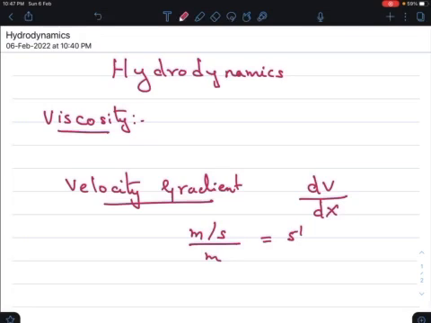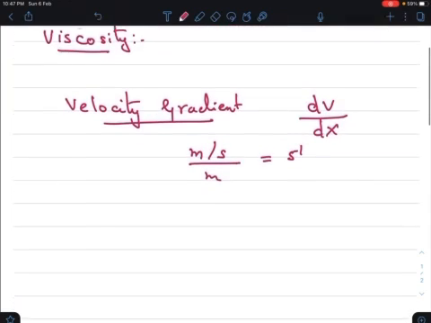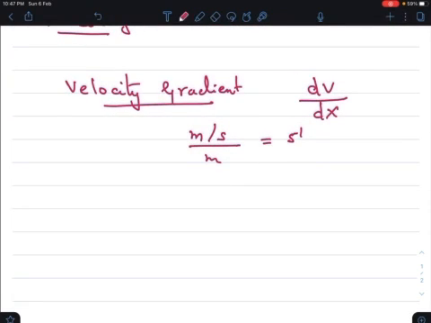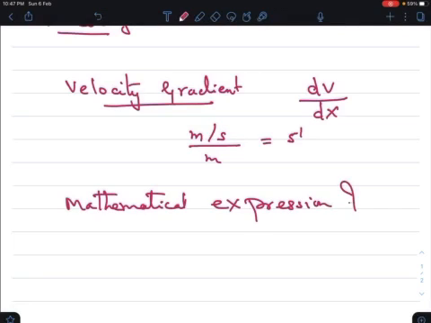Now we have to derive the mathematical expression for the viscous force.